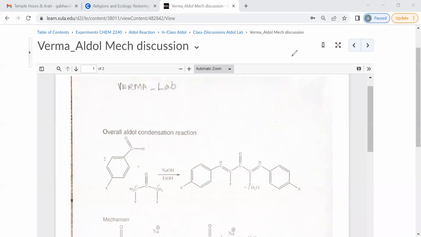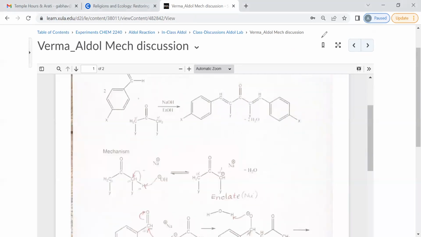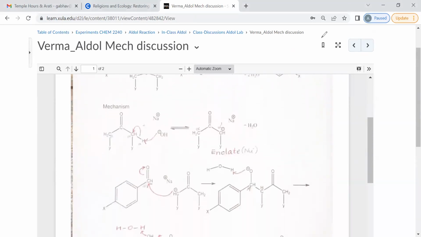So coming back, based on induction, the alpha carbons have the most acidic hydrogens, and this is what the base is going to abstract. So this is the first step, the acid-base reaction that we are going to see.